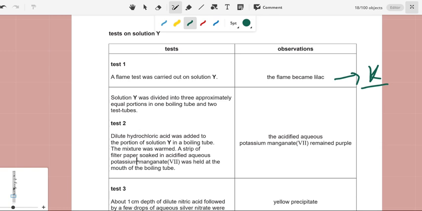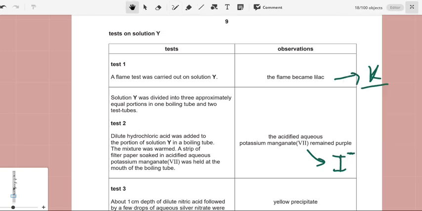A strip of filter paper soaked in acidified aqueous potassium manganate, potassium permanganate, was held at the mouth of the boiling tube. The observation is the acidified aqueous potassium permanganate remained purple. So that is the indication of iodine or iodide ions.